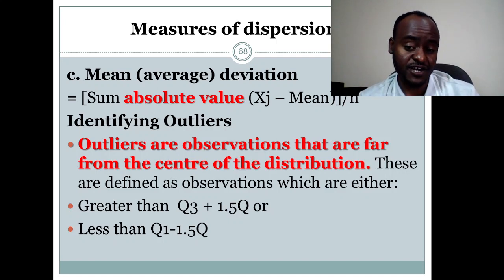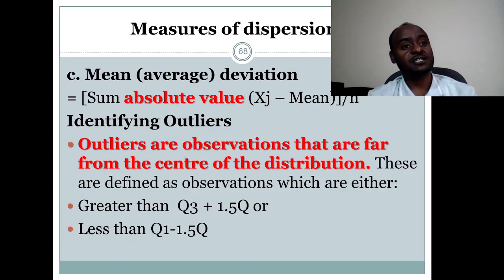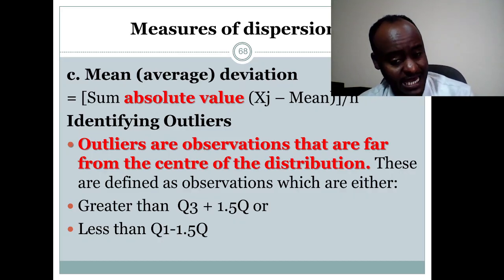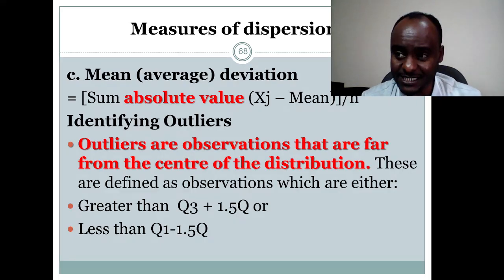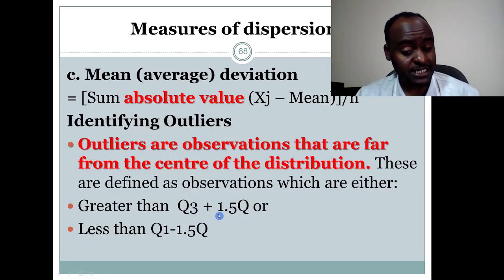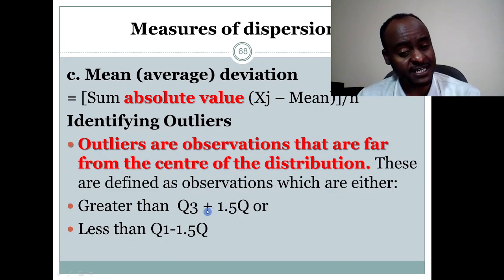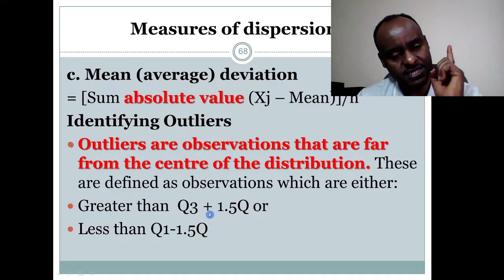By using quartile and interquartile values, we can find out whether our data set has an outlier or not. If there is an observation which is greater than Q3, the third quartile, plus 1.5 times the interquartile range, then that point is an outlier.